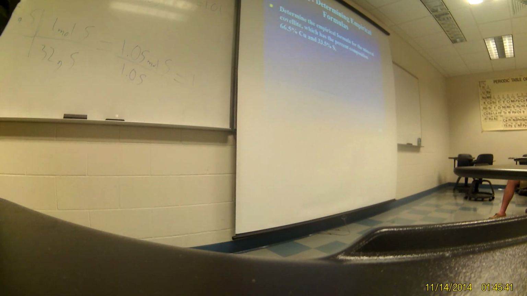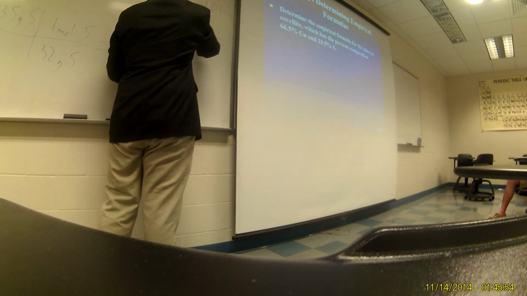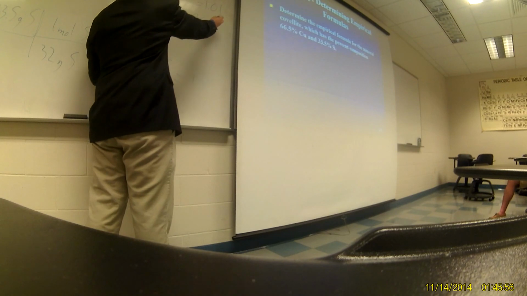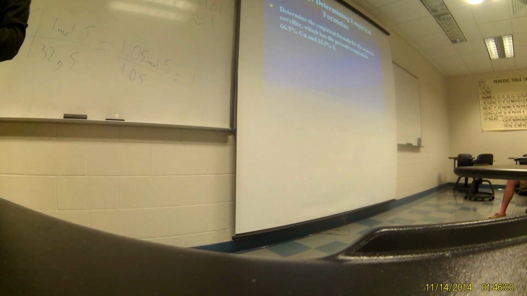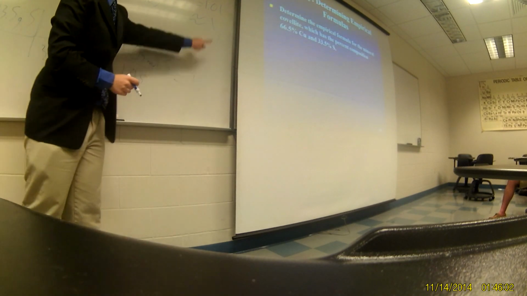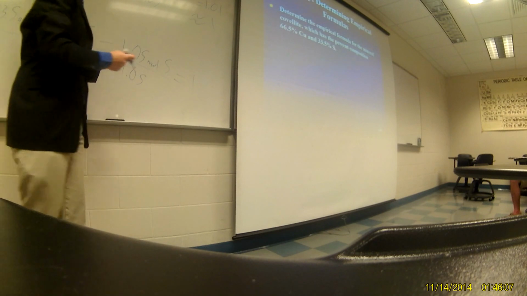So, can we round that first one? The top one? Yes. I say if it's within 0.1, you can round. We're within 0.01, and so we can round it. So that becomes approximately 1. And so we now have whole numbers for both, so we're finished. We just have to write our formula.